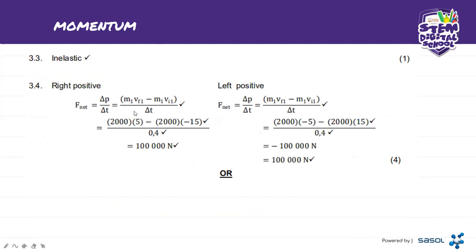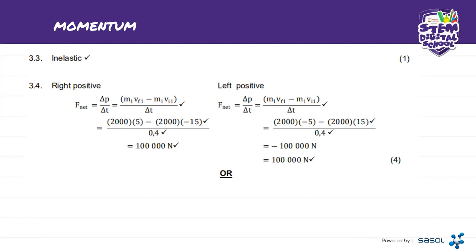So here we substitute the t underneath here, and that will be equal to mass of car 1 times final velocity 1 minus mass 1 times initial velocity 1.